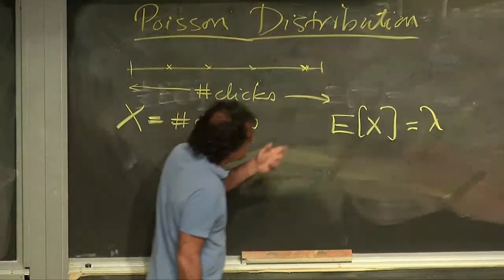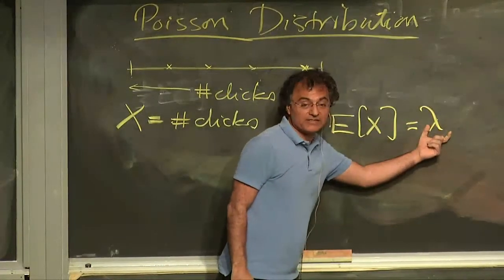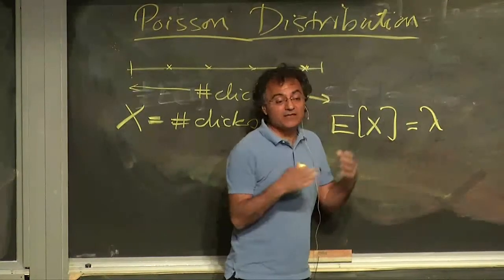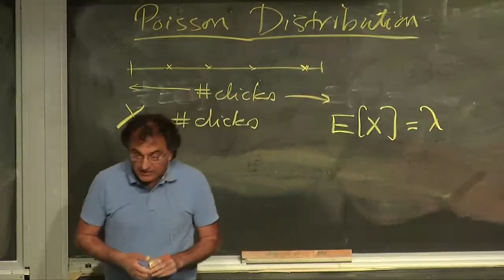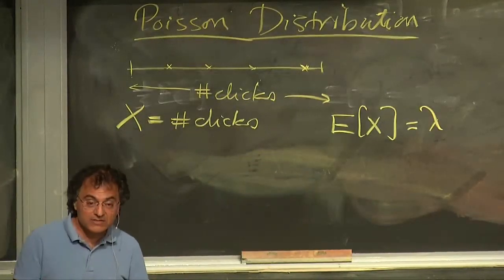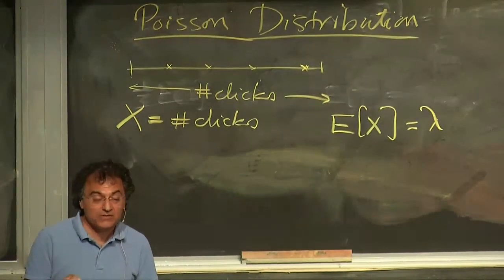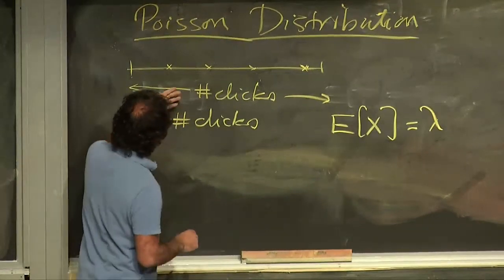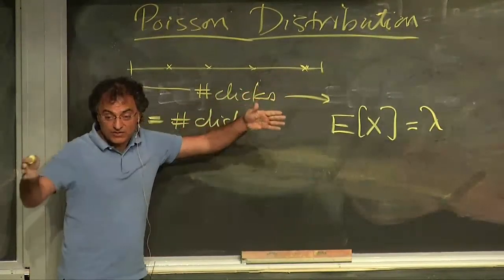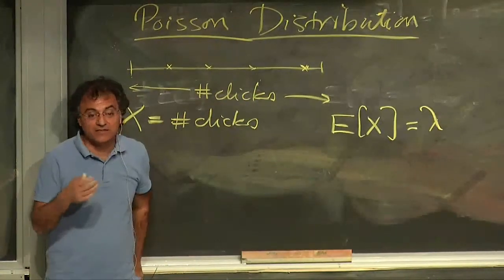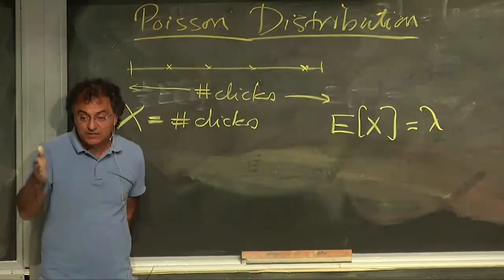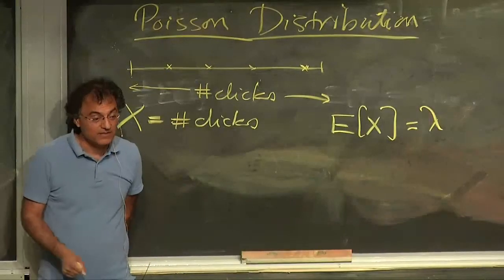Now the claim is, as soon as you know the average number of clicks, you know the entire probability distribution. Okay, so if you know that your Geiger counter is going to emit 3 clicks during this unit interval, then you can already say what's the probability that it emits 0 clicks, 1, 2, etc. Right?